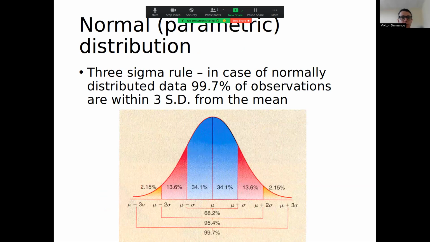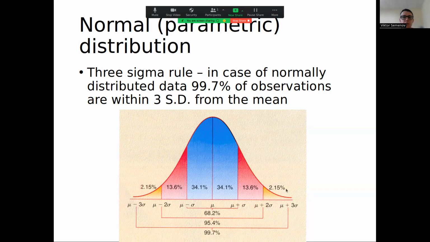Why else do we need standard deviation? Because in normally distributed data, it allows us to predict how much data we can expect to occur close to the mean value. There is a 3 sigma rule, which tells us that within 3 sigmas, if the data is distributed normally, we expect to see 99.7% of observations.